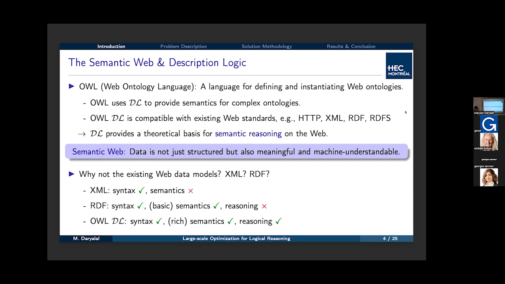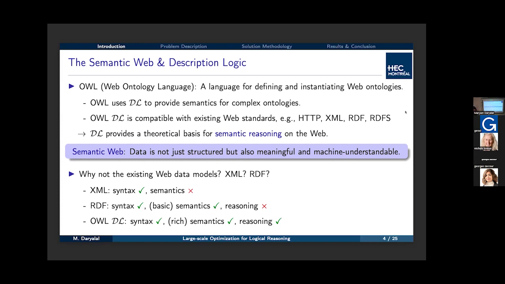It has a very formal syntax, so all of the humans that read it and all of the machines that read it already know what to expect. So they can design their own functions, their own reasoners, using this particular standard language that is provided by the W3C consortium.